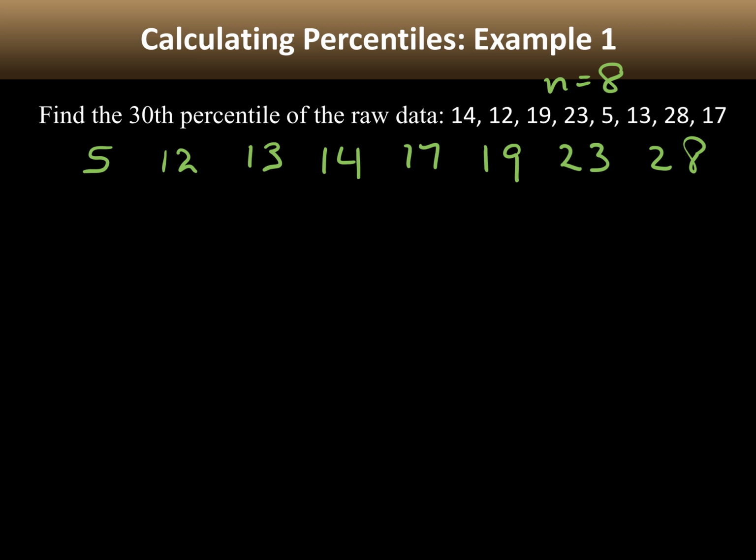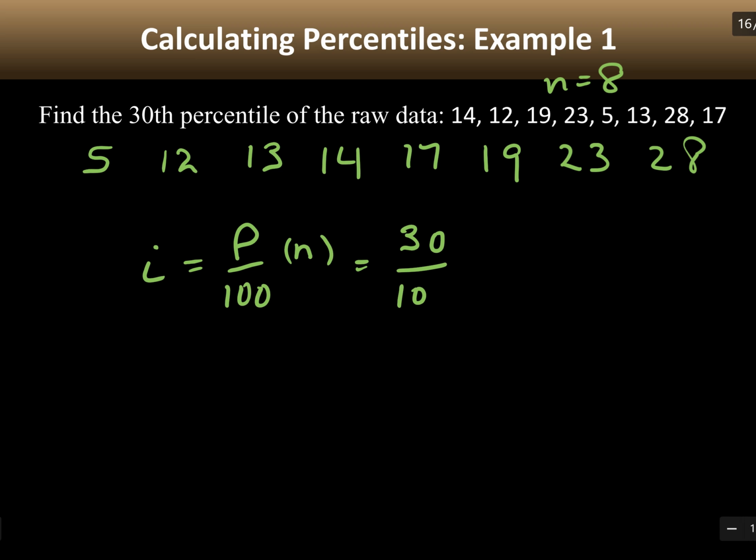To find the 30th percentile, we use our formula for the location index I, which is P over 100, multiplied by n. P in this case is 30, so 30 divided by 100, multiplied by 8, gives us 2.4.